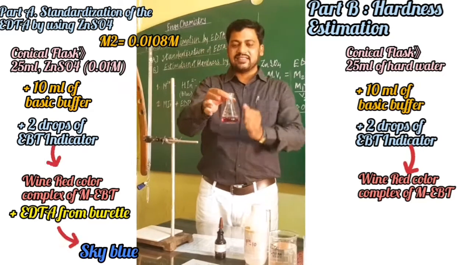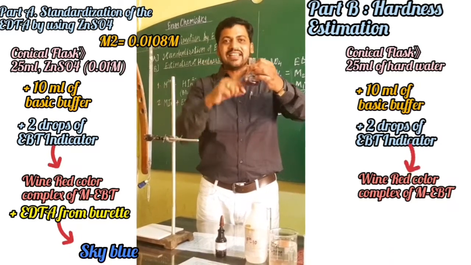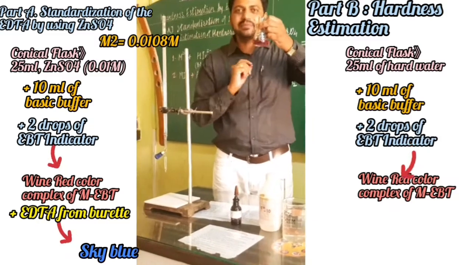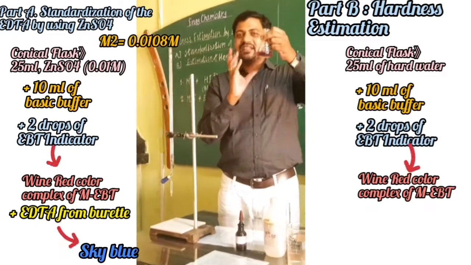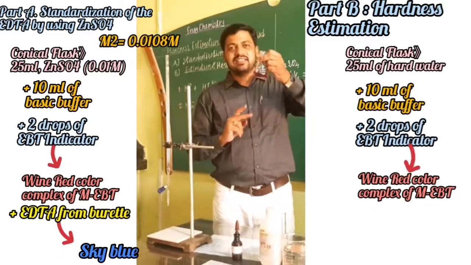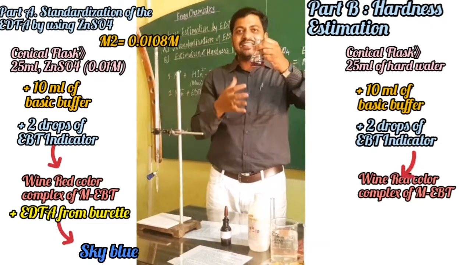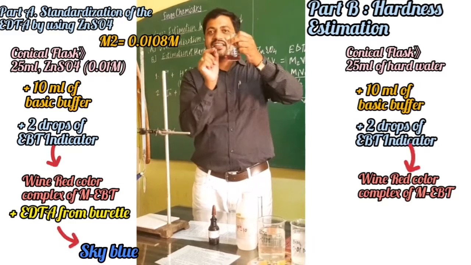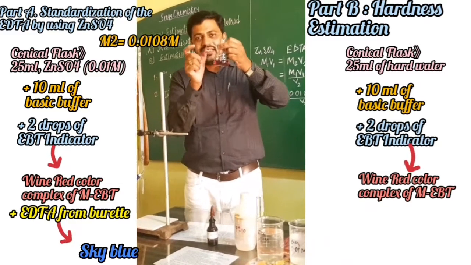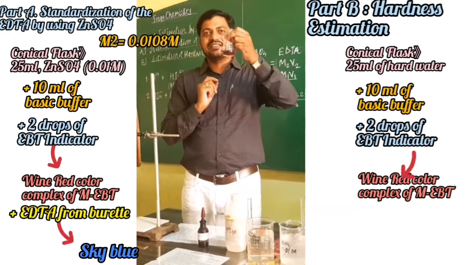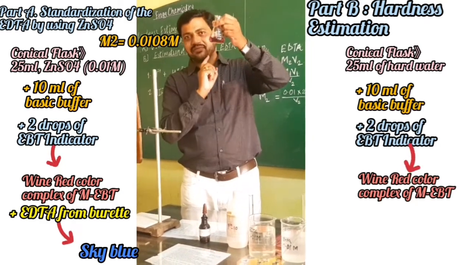Why is this wine red color obtained here? The simple reason is that a water sample contains divalent cations, which are responsible for the hardness. After adding the indicator, the divalent cation combines with the indicator ion, and a 1:1 complex is generated and its color is wine red.